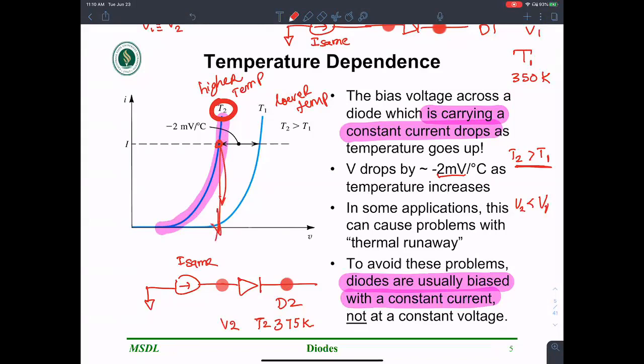This voltage is smaller compared to V1, V2. So at higher temperature, highlighted in purple, I need a small voltage to conduct the same amount of current, which could lead to a thermal runaway. That's exactly the idea here.